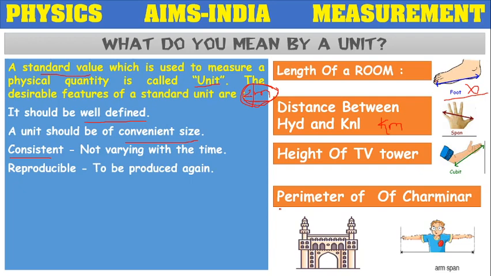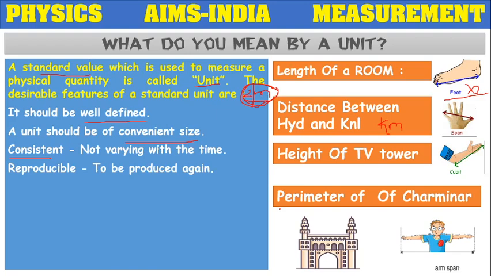With his arm spans, he measured the perimeter of the Charminar, because he wanted to arrange some fencing for it. Later he went to the shop to buy the material required for the fencing. He called that employee with whom he measured the perimeter, but that employee is not available.